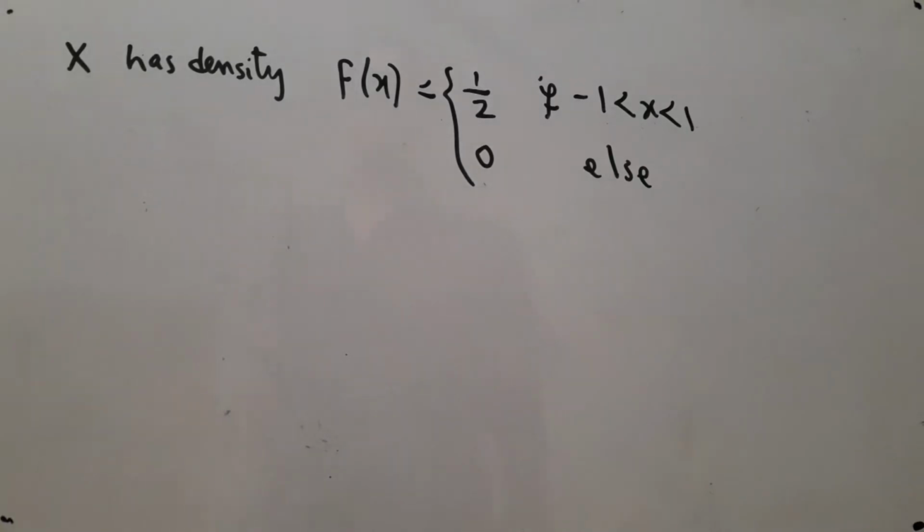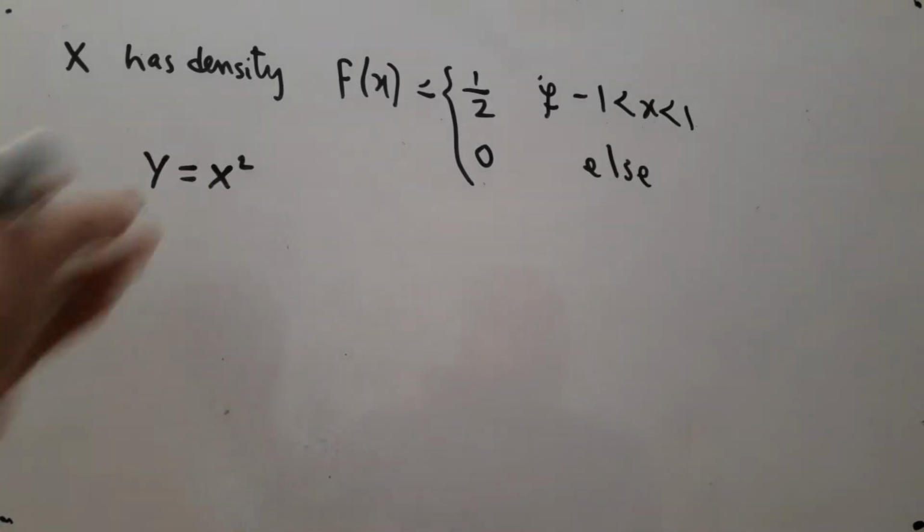In this exercise, we start with X having density fX equals half from -1 to +1, 0 otherwise. In other words, it is uniform over the interval -1 to 1. And I take Y equal to X squared, then clearly X and Y cannot be independent.